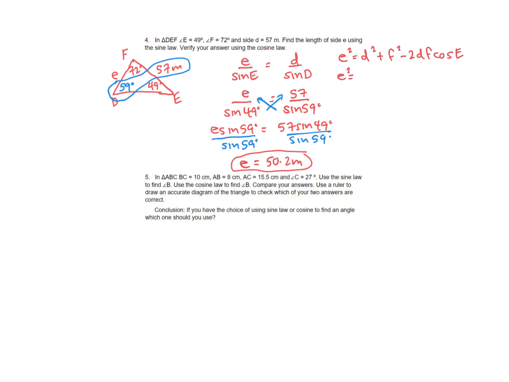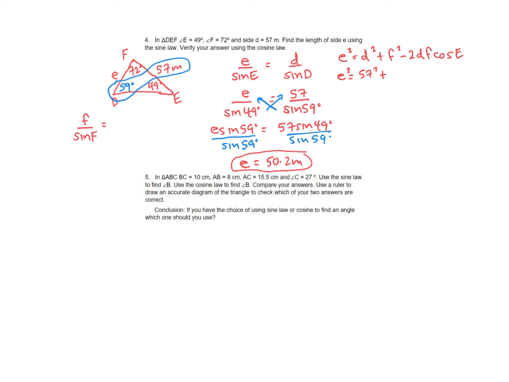D is 57. F is, oh, we don't have side F yet. So let's go back and find side F because we need that information. Probably should say that in the instructions. So we need F to do cosine law, so let's do F.